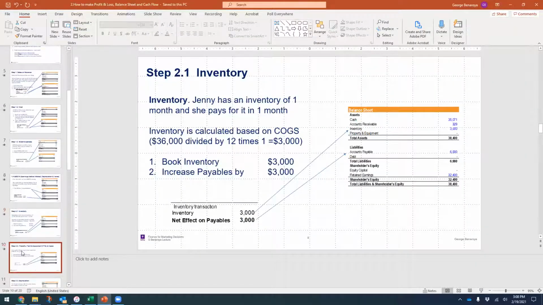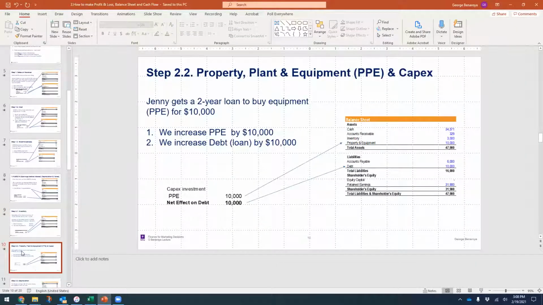The next step was property, plant, and equipment. Why don't we assume that she buys fixed assets or property, plant, and equipment both worth $10,000, and that she gets a loan for that for the same amount. So we want to increase property and equipment for $10,000, and we want to increase debt for the same amount.